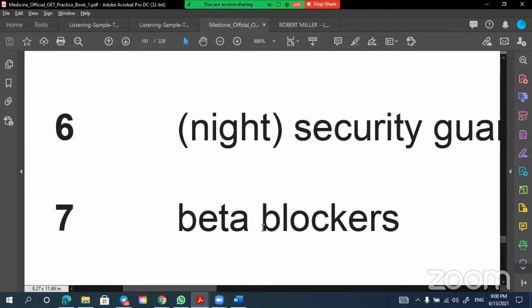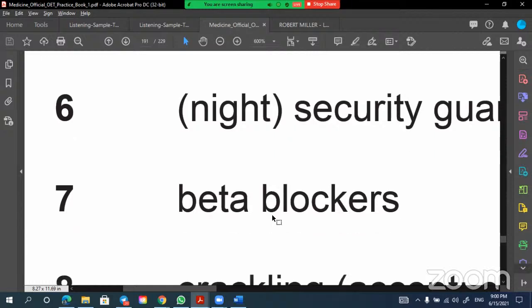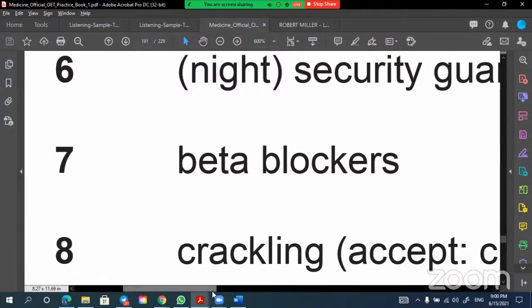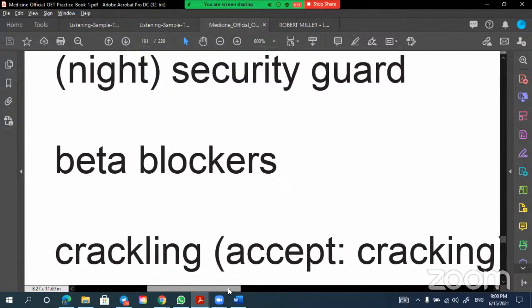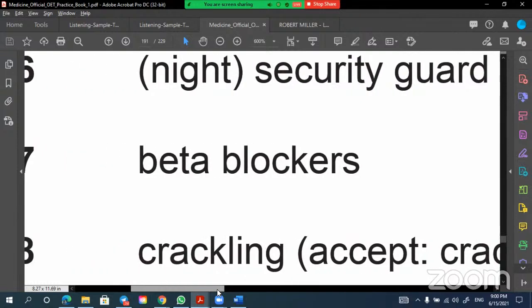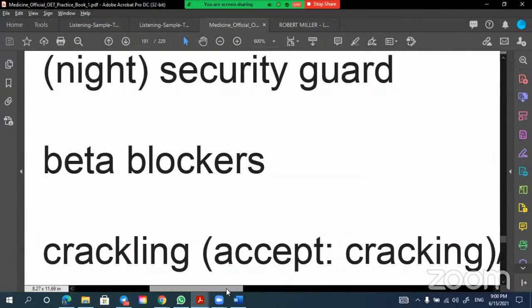Then 7th one, beta blockers. 8th one, crackling. Cracking also is okay. Crackling is the correct word, but they will give you if you write cracking also.